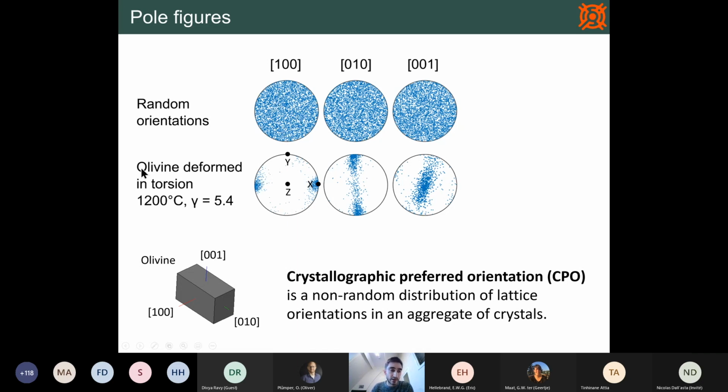Or maybe in this particular deformed sample, the olivine crystals are actually aligned. So we can see that the 1, 0, 0 axes are aligned with the X direction of the map, for example. So this is an example of a crystallographic preferred orientation with a non-random distribution of crystal orientations. This works all right. This is actually a small subset of the full data, but you can imagine this gets confusing to visualize if you have a huge data set.